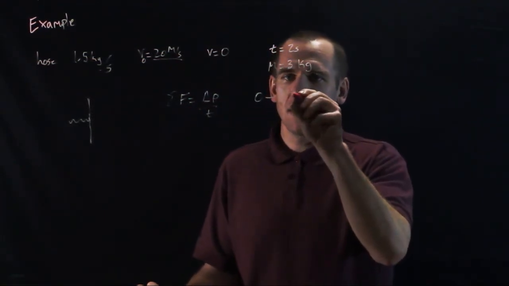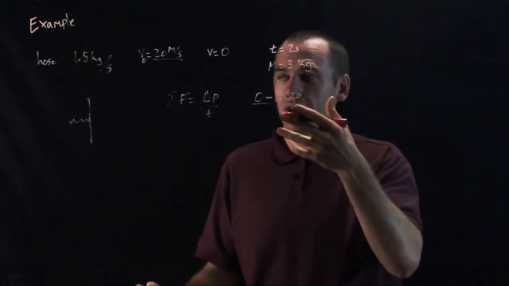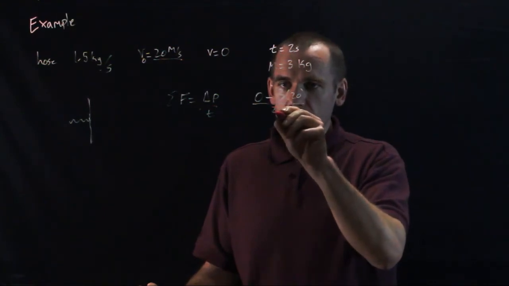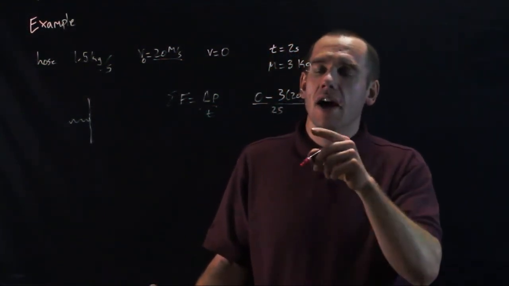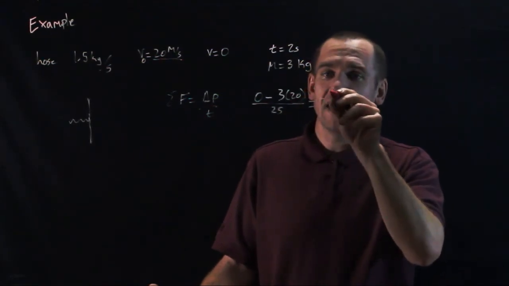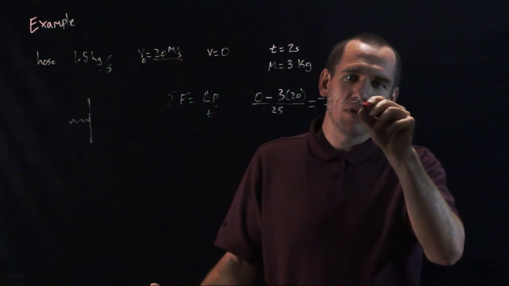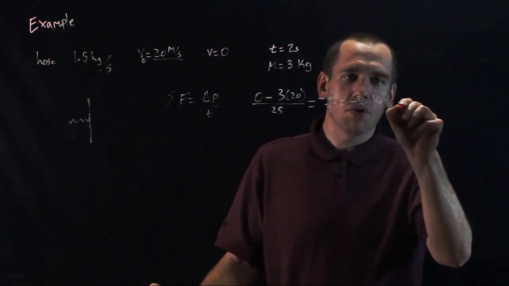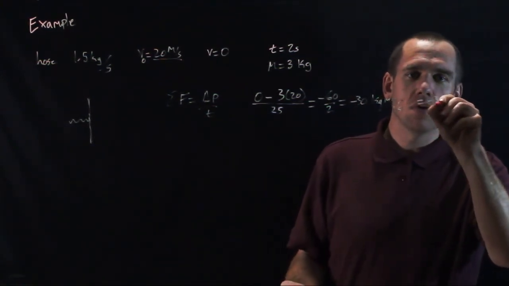So 3 times 20 divided by the time. Now the amount of time it took for those 3 kilograms to get there was 2 seconds. So there we have our change in momentum, which equals -60 divided by 2, which is -30 kilogram meters per second squared. That is negative 30 newtons.